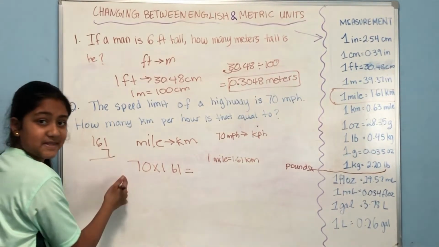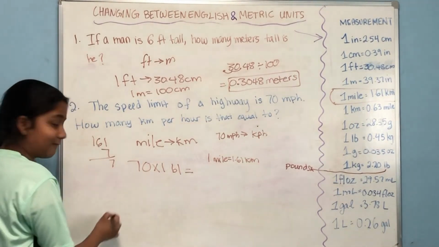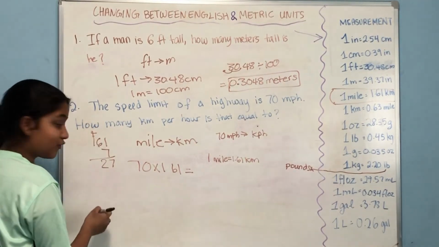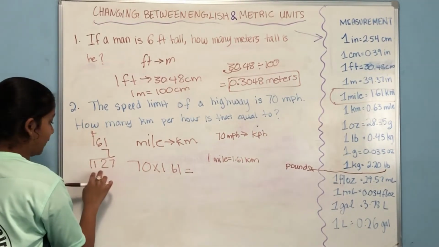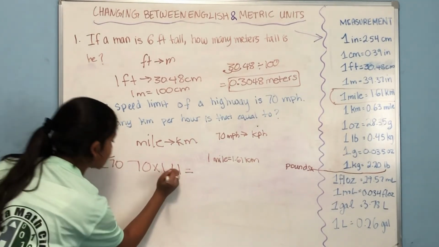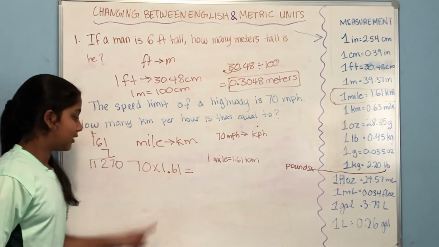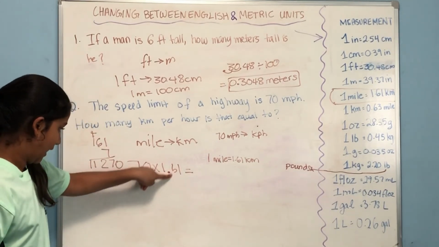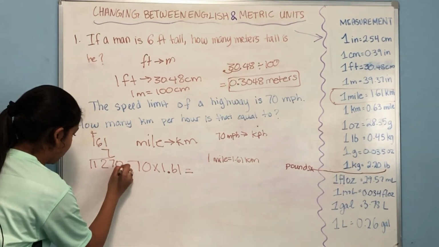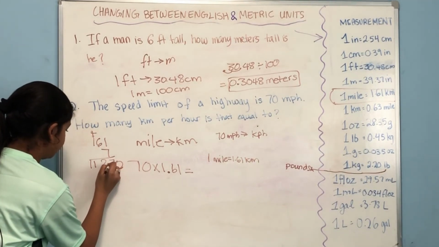So we get 1 times 7 is 7. 6 times 7 is 42. Add in the 4 over here. 1 times 7 is 7. 7 plus 4 is 11. So we get 1,127, and we have to add in the 0 here. Now let's add back in this decimal. And we know that since the decimal is 2 places back here, we have to add it in 2 places back. So we go 1, 2.